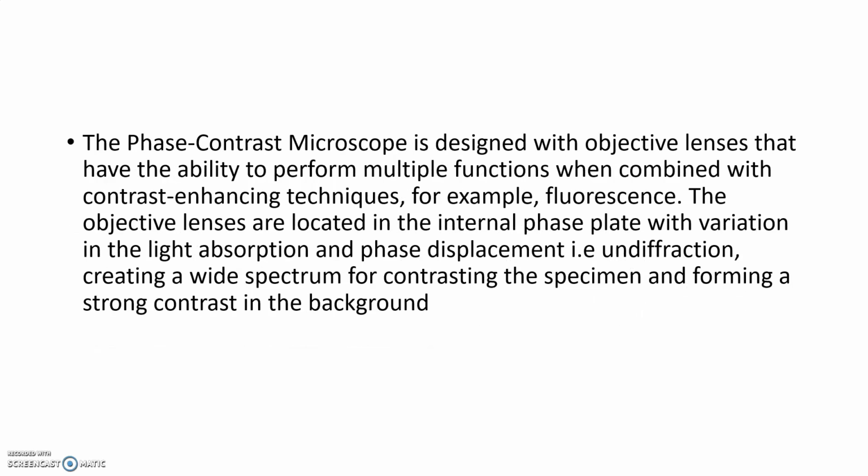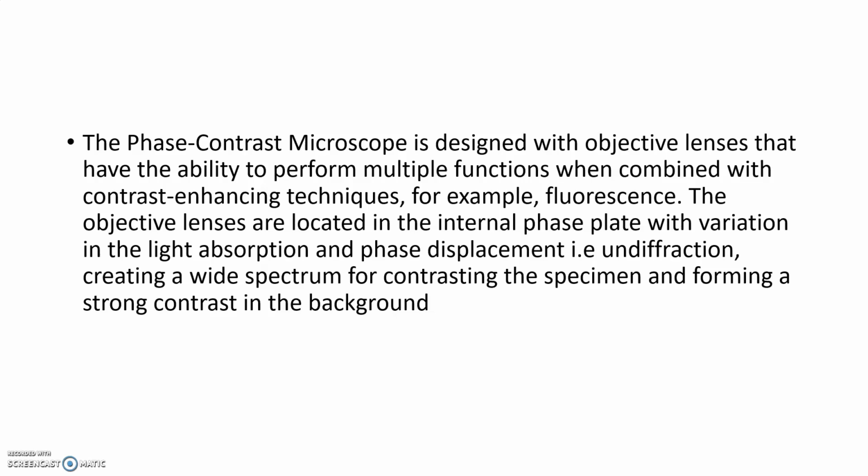Now, the phase contrast microscope is designed with an objective lens that has the ability to perform multiple functions when combined with contrast enhancing techniques, for example fluorescence. When we add fluorescence, we get an image with good contrast.